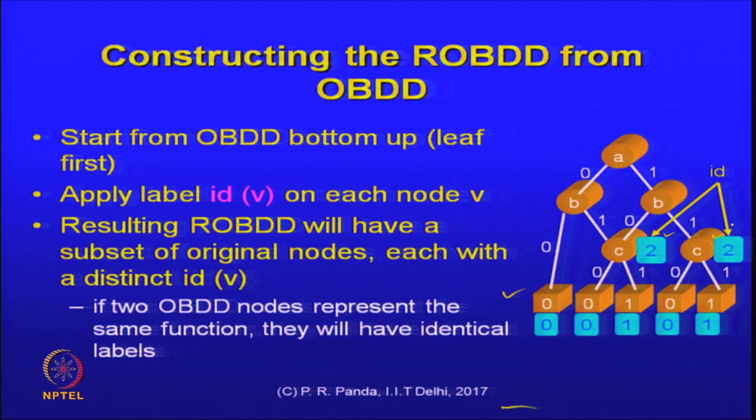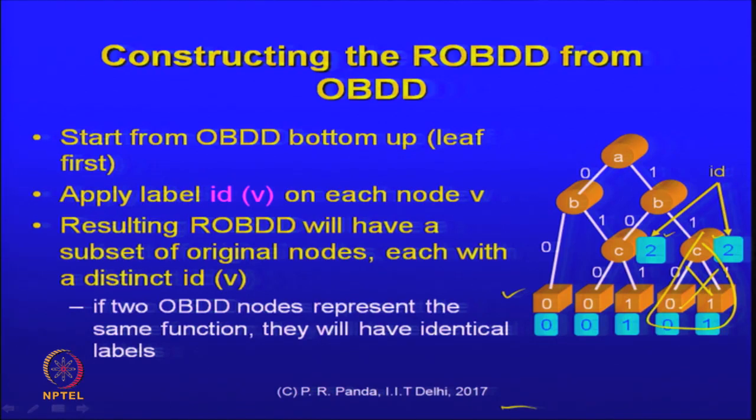In the process at the end, that resulting ROBDD structure will have a subset of the original nodes. Why? Because two nodes with the same label means that one of those entire subtrees rooted at that node can disappear. So, when we are applying the same label, we are only seeing the children, right. Not the parents. Remember, that is how the Boolean function for that node is defined.